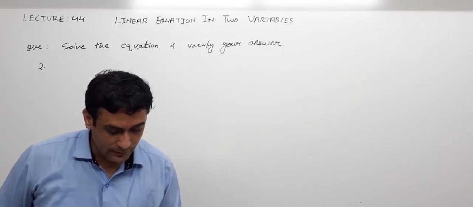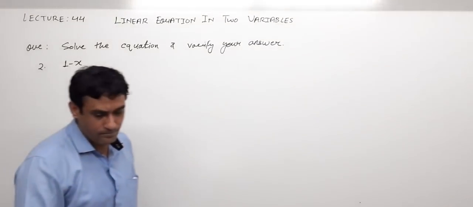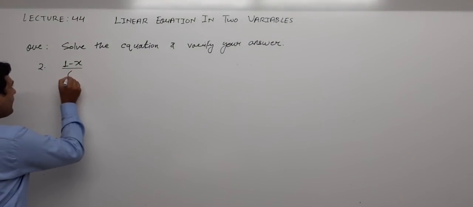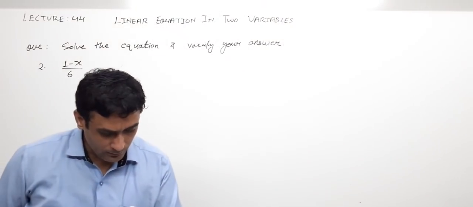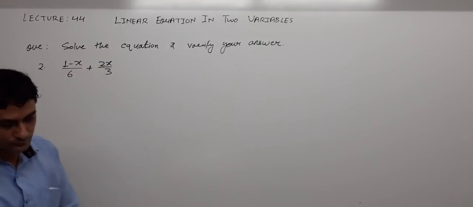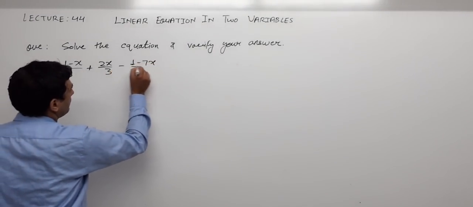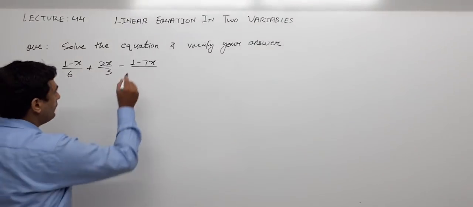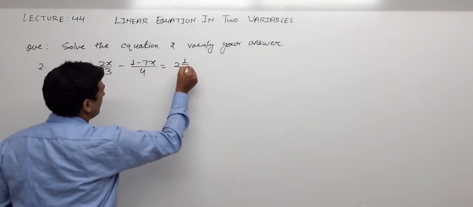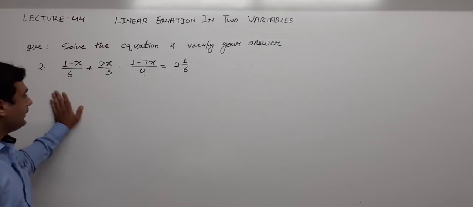So next question is 1 minus x upon 6 plus 2x upon 3 minus of 1 minus 7x upon 4 is equal to 2 integer 1 upon 6. This is the question here.